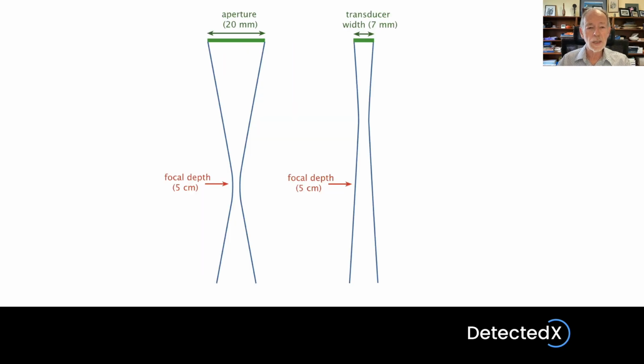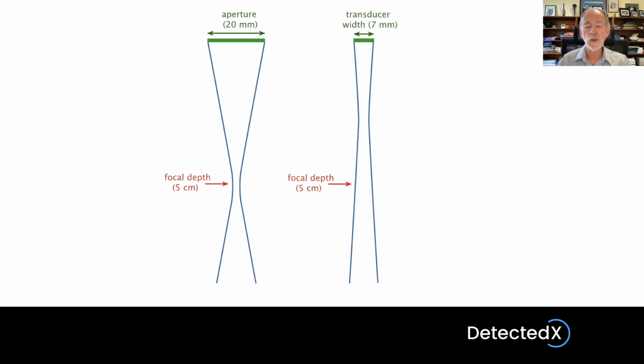This shows us a beam focused at a depth of 5 centimeters with typical dimensions for a 5 megahertz probe. So we might have a 20 millimeter or 2 centimeter aperture within the scan plane, along the length of the transducer, producing a nice tight focus at the focal depth of 5 centimeters.